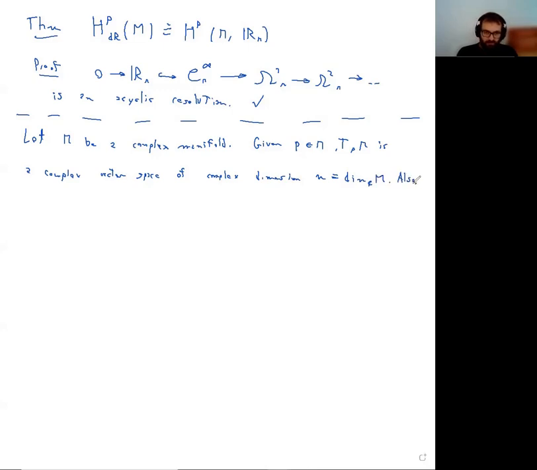Also, of course, it is a real vector space of real dimension 2N.